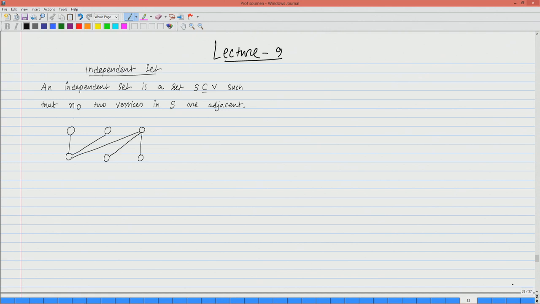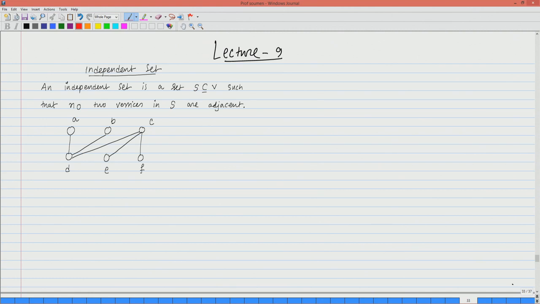So, I label the vertices by A, B, C, D, E, F. Now, the independent set is a set of vertices such that no two vertices in S are adjacent, and this is a maximization problem. You have to find maximum independent set, because finding minimum independent set is a trivial problem. Just one vertex is also an independent set. So, you have to find a maximum set of vertices such that no two vertices are adjacent.